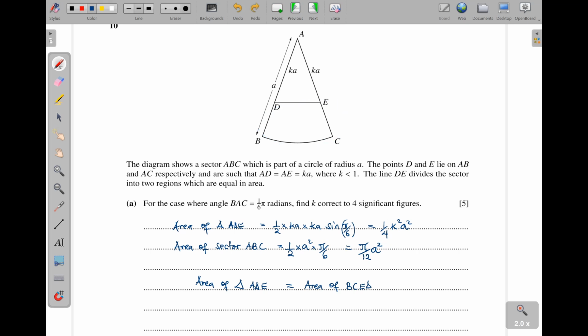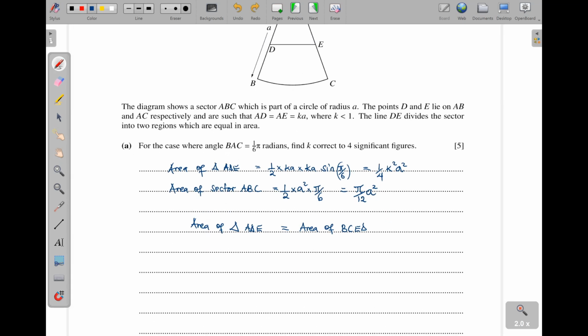So this simply implies that the area of this sector ABC is twice the area of this. Not so? Yes, that's what it means. So therefore, area of sector ABC is equal to 2 times the area of triangle ADE.